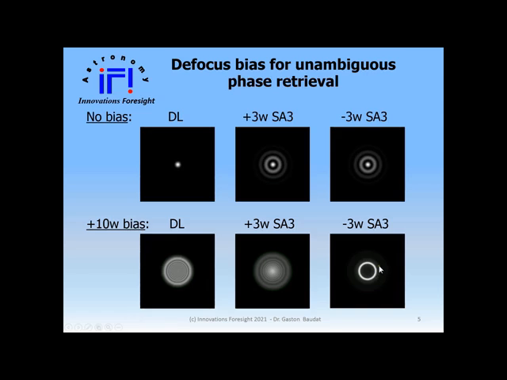So obviously there's a big difference now between -3 waves and +3 waves when I use my phase diversity trick. And that's the way the system works. By using the right amount of defocus, we can spot many different aberrations and we can retrieve the wavefront from them because we can solve the ambiguity problem we had without any bias.